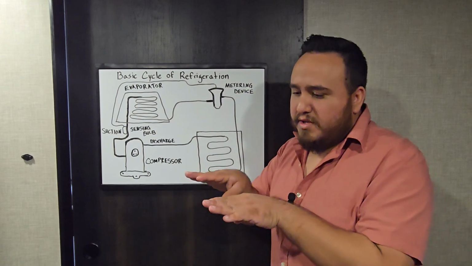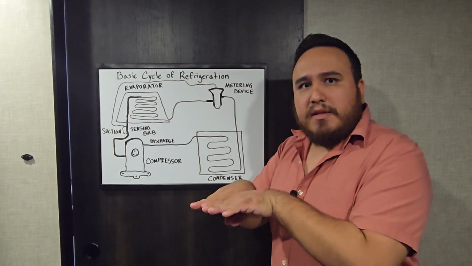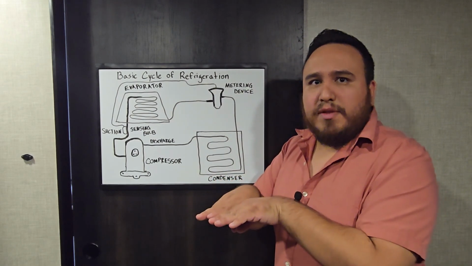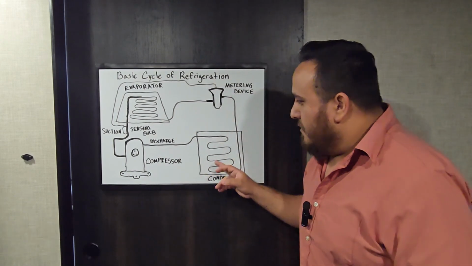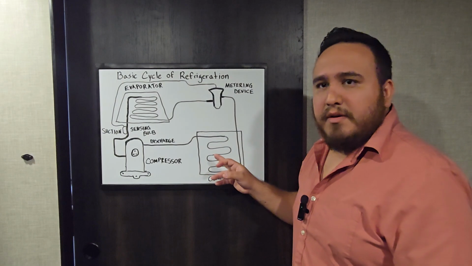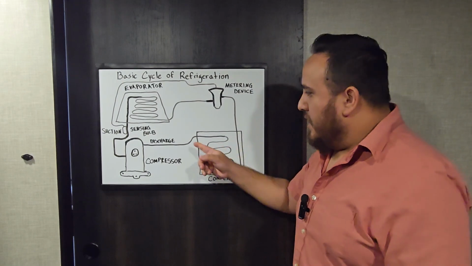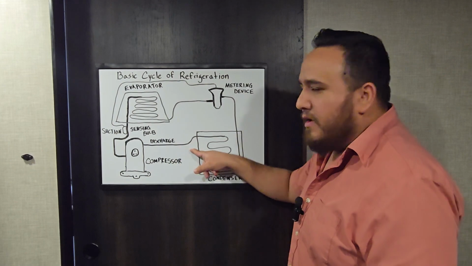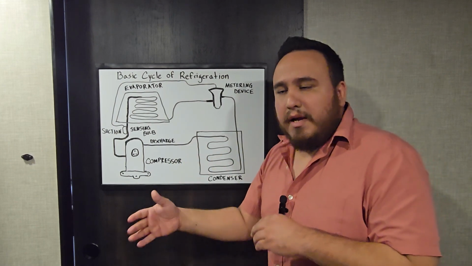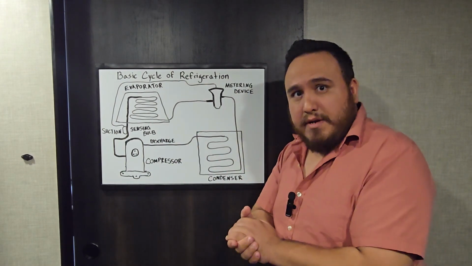Later on, we're going to talk about the different temperatures that this refrigerant works with on the changes of state. But just have an understanding that inside of your condenser, the refrigerant goes from a gas and then changes to a liquid.